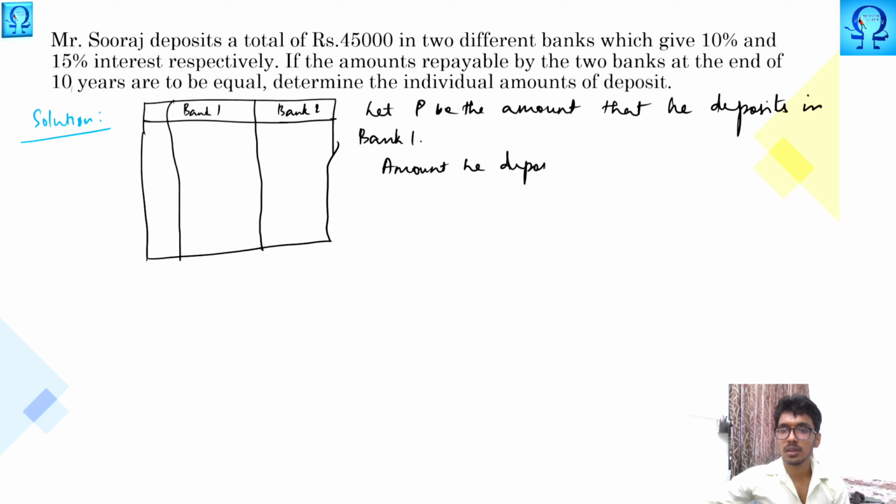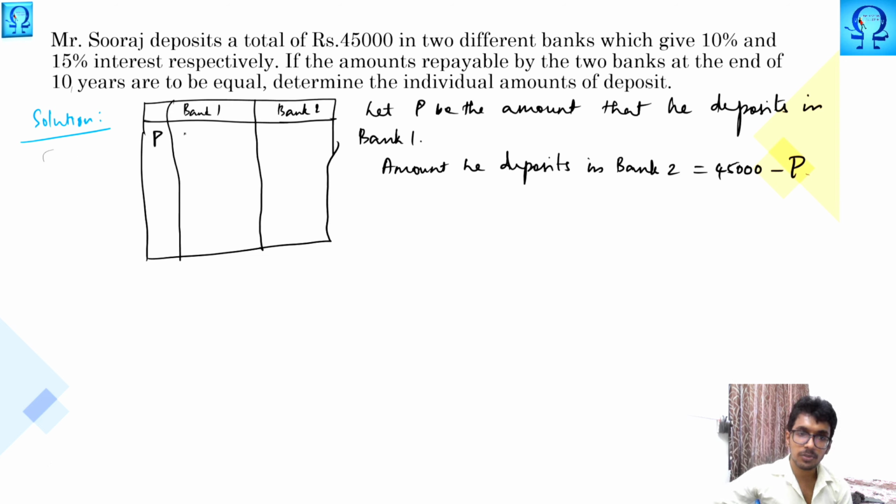So he deposits a sum of 45,000. If he is depositing some amount in bank 1, he can deposit the remaining amount in bank 2. Therefore 45,000 minus P would be the amount he is depositing in bank 2. Let us talk about the principals that he deposits.